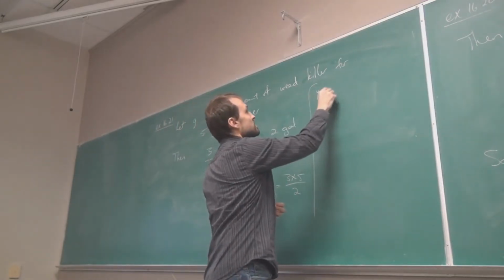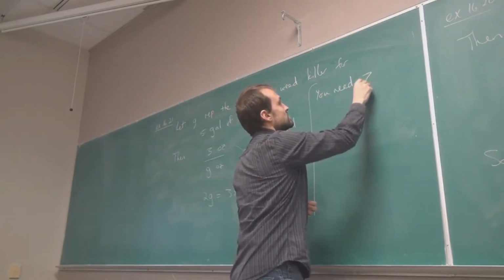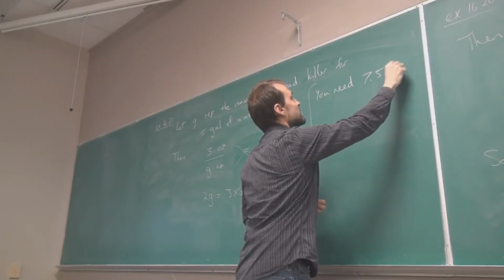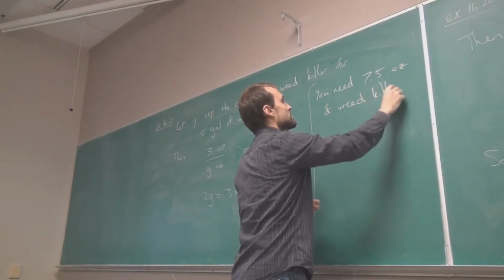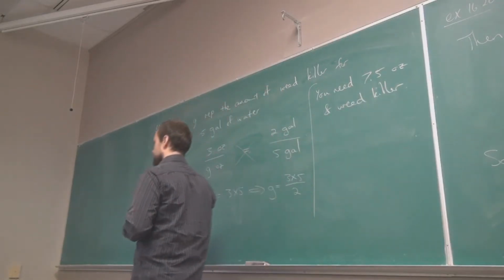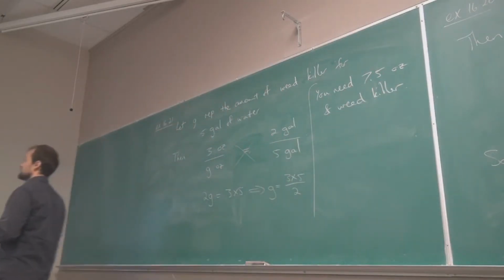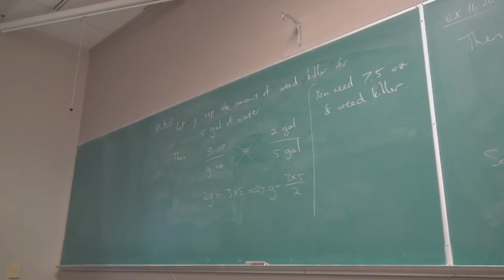So you need 7.5 ounces of weed killer. Are these easier or more difficult? Easier. There's a lot of consistency, a lot of repetition in what you do, and the phrasing as well.